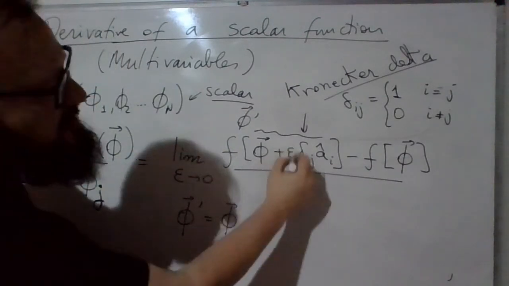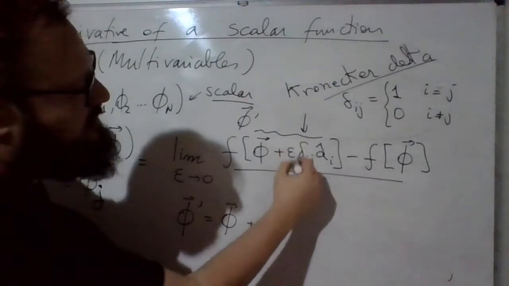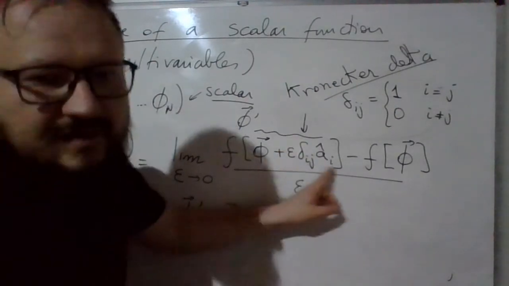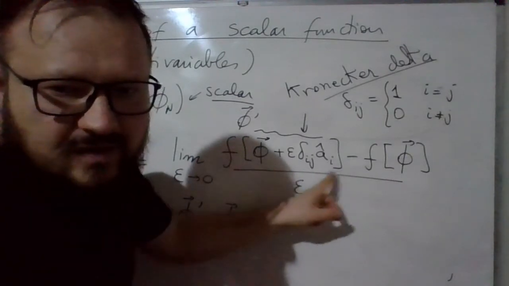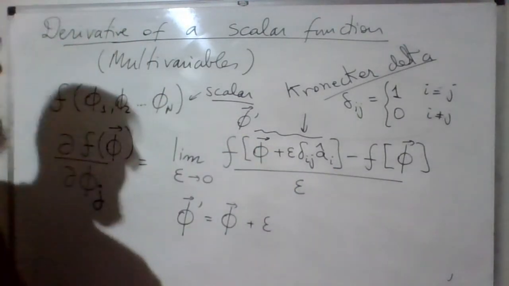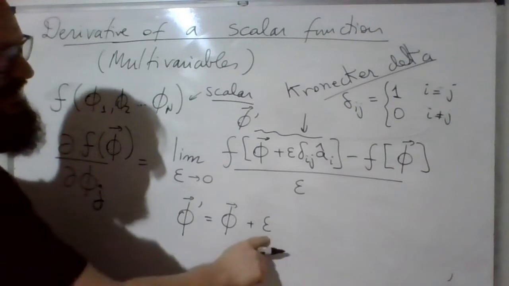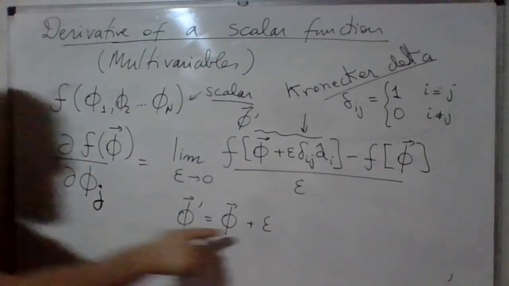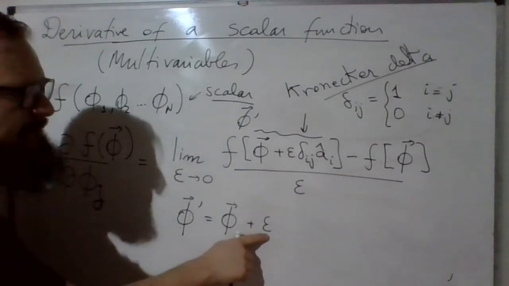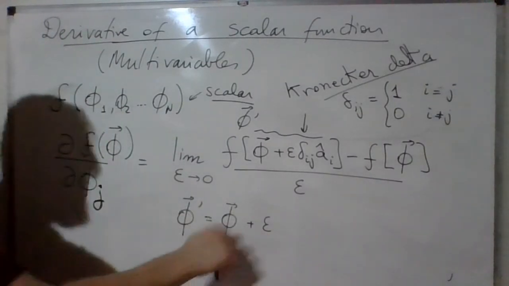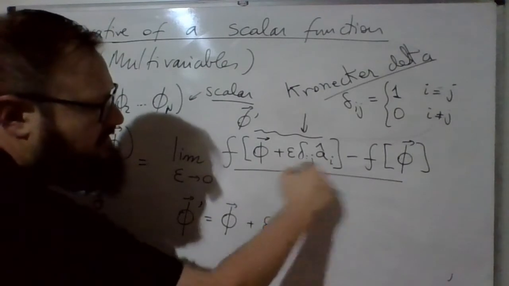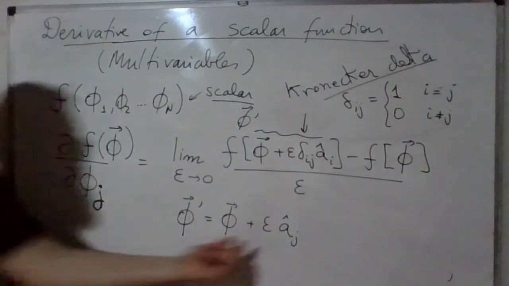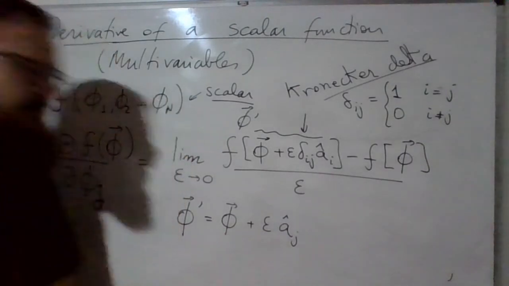Notice I am summing over all the i's here. I am using the Einstein convention of summing over repeated indexes. And only in the direction of j, which is being varied, some amount epsilon will be added to this vector, so this summation produces some small variation in the direction j.